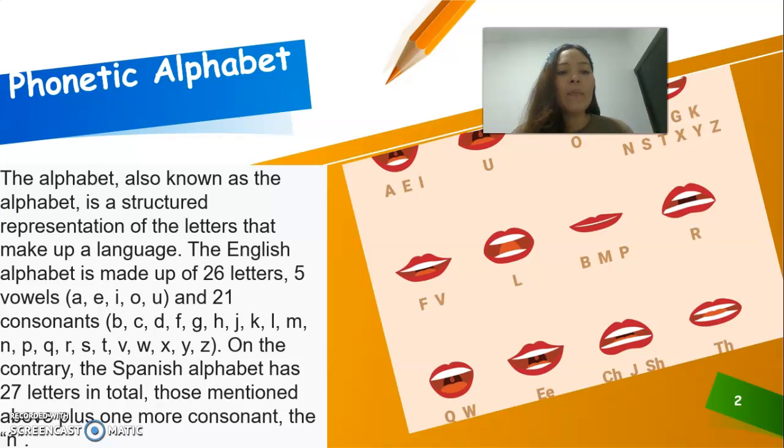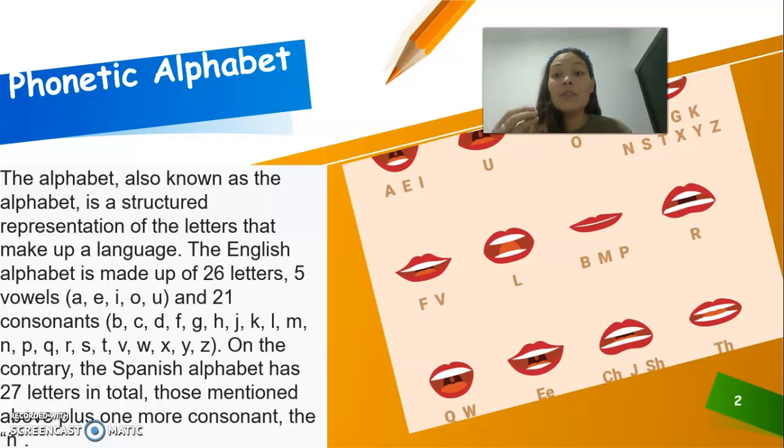The English alphabet is made up of 26 letters: 5 vowels, A, E, I, O, U, and 21 consonants: B, C, D, F, G, H, J, K, L, M, N, P, Q, R, S, T, V, W, X, Y, and Z.